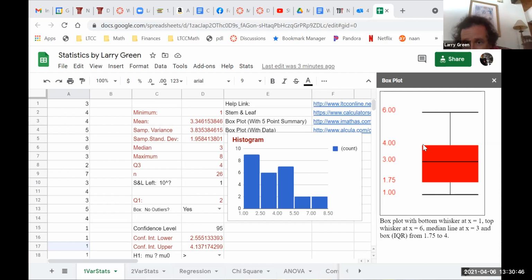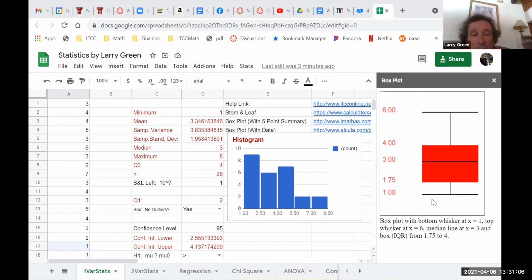And then 4 was the third quartile. So it gives you a picture of those 5 numbers. And the main thing is you can really visualize and see the interquartile range between 1.75 and 4, because that's the box. Any questions on this?